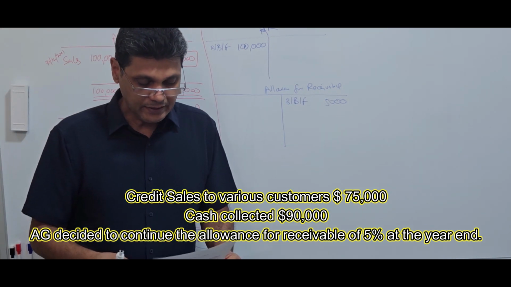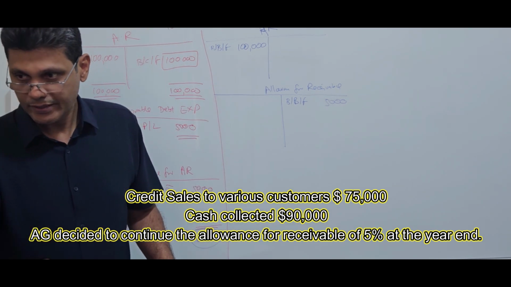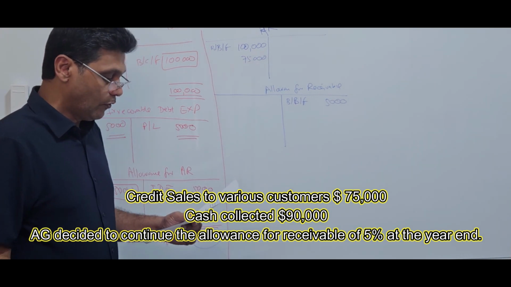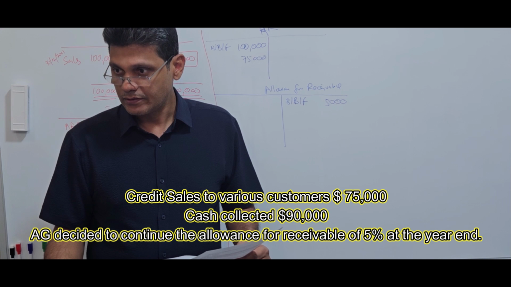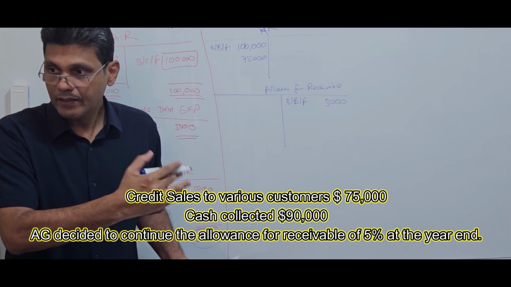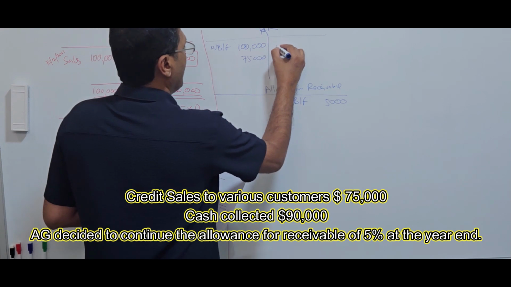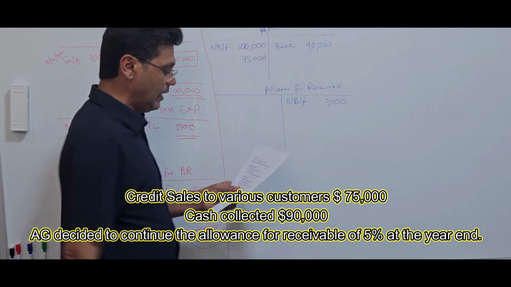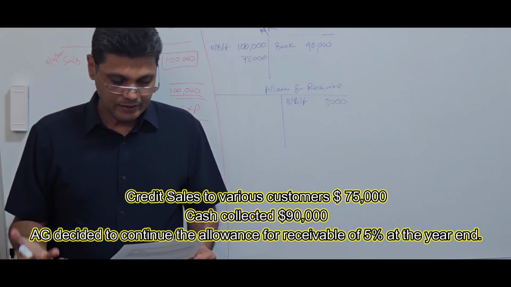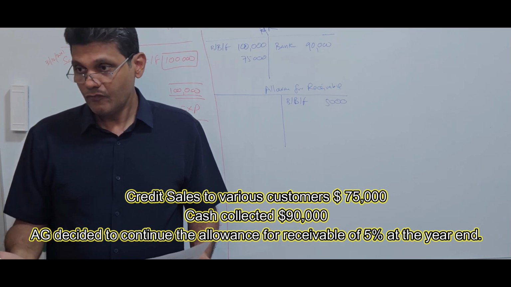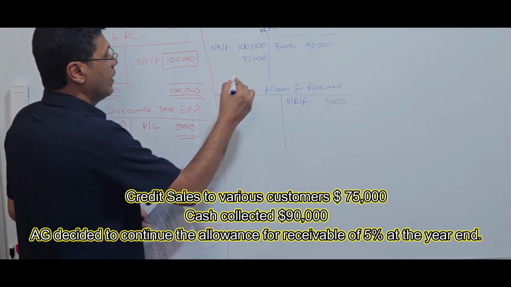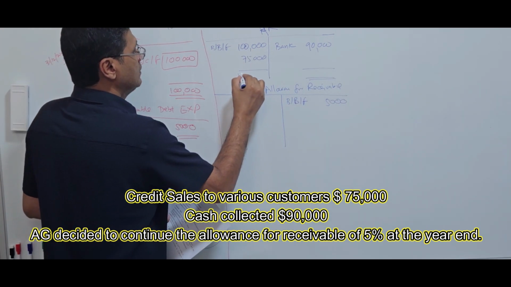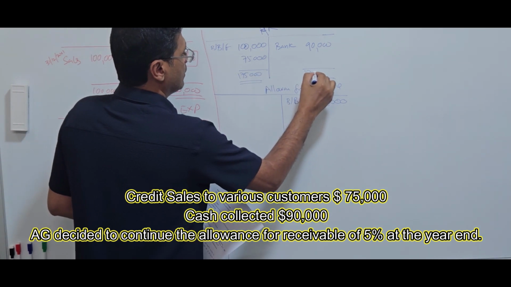Now there are credit sales of 75,000. So sales credit, debit accounts receivable 75,000, and also the cash collected 90,000. So 90,000 bank account debit, credit your receivables. Now AG wants to continue the same provision of 5%. Now you identify what is the receivable balance at the year end. 175,000.